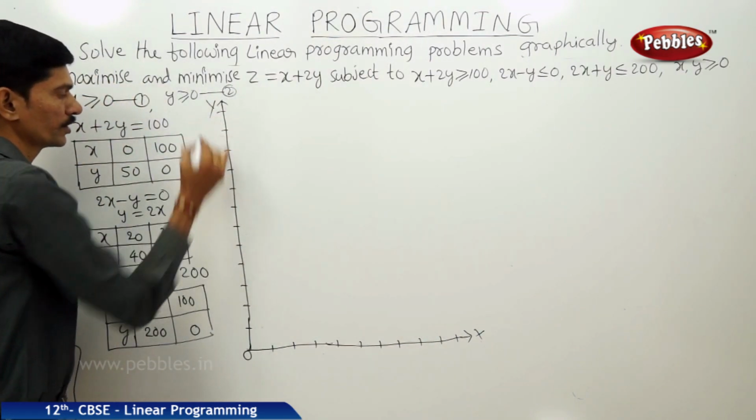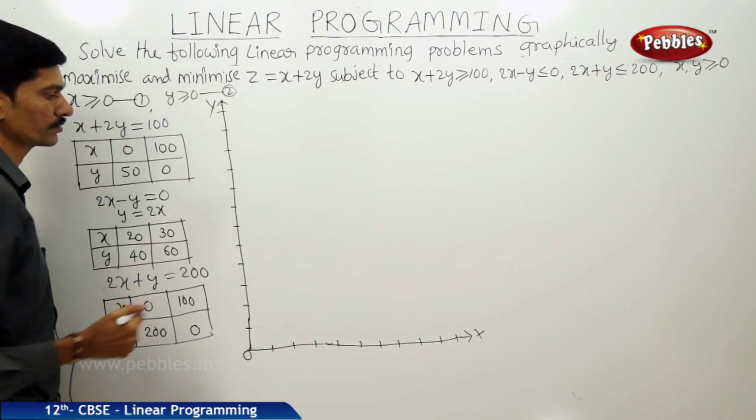The horizontal line represents x-axis, whereas the vertical line represents y-axis.